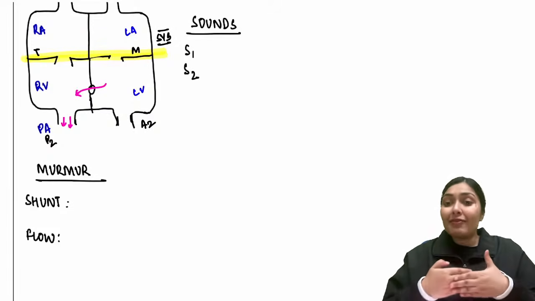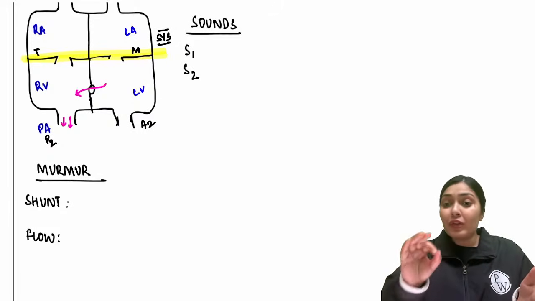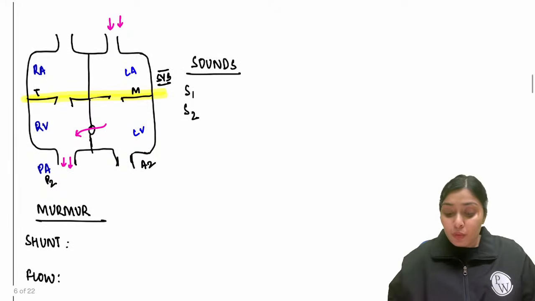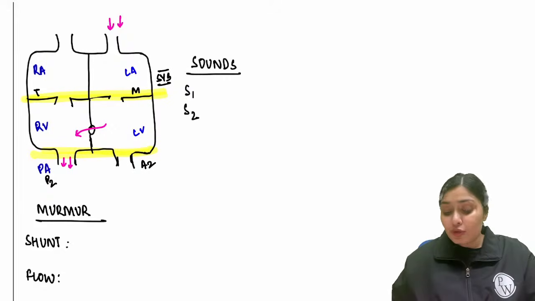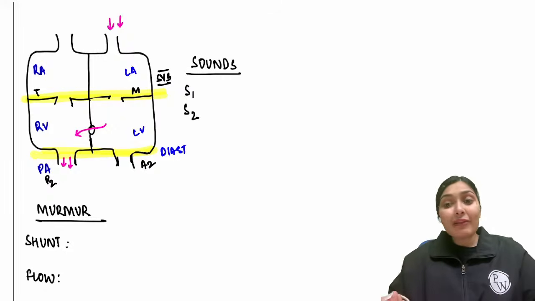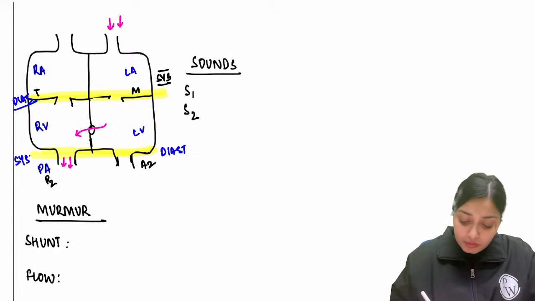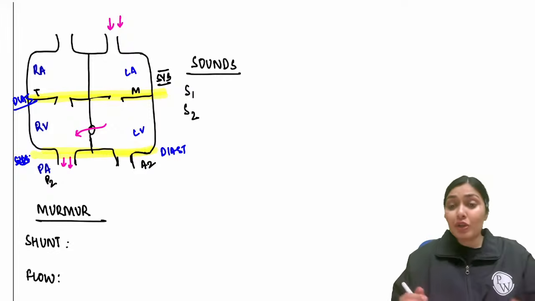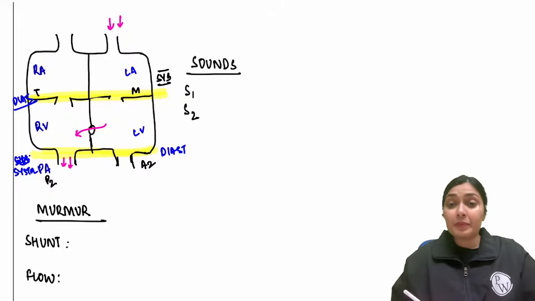So through any valve, if there is excessive flow, during the time of opening of that valve, you will appreciate that murmur. So I know this valve closes during systole, and this valve closes during diastole. Whenever there is diastole, these valves will open, and whenever there is systole, these valves will open.